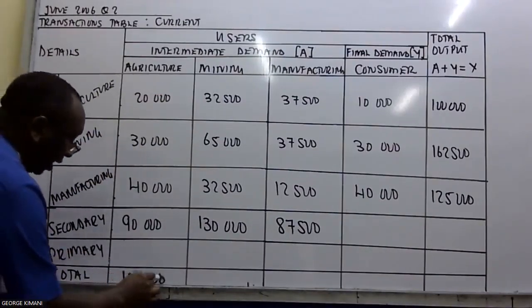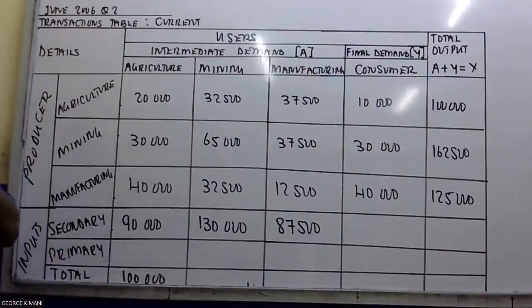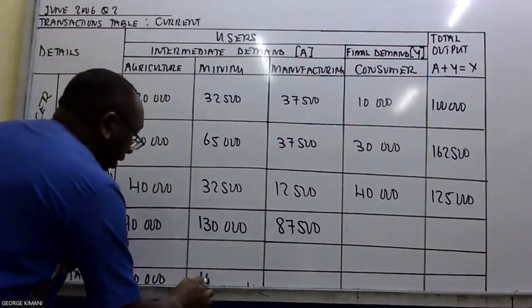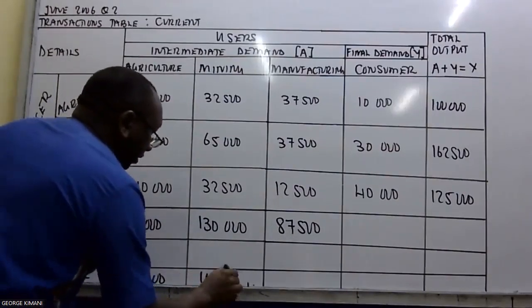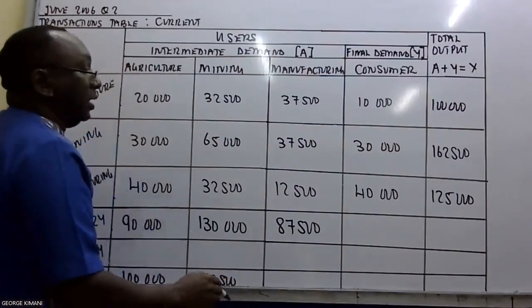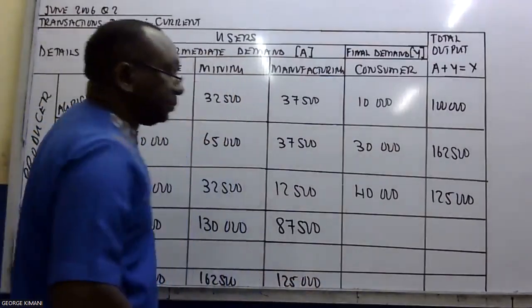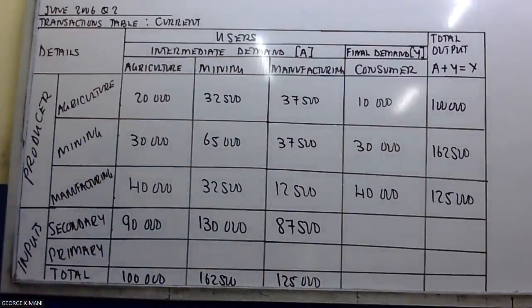So put 100 here for the total. And then for this other one, we had 162,500. And then this one, we had 125,000. That's the meaning of that assumption, that demand is equal to supply, or output is equal to input.